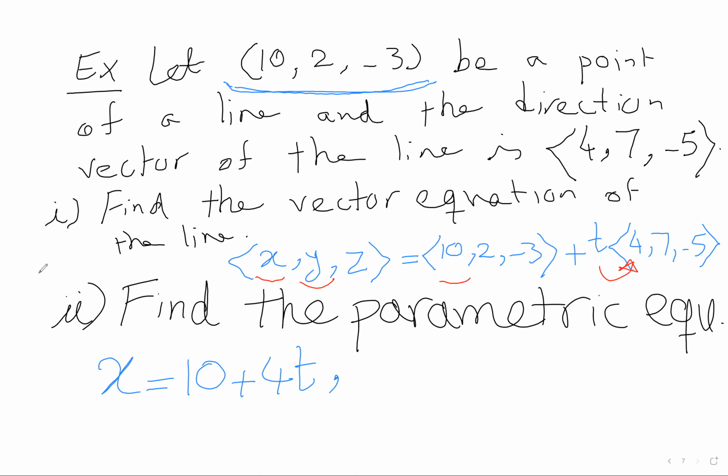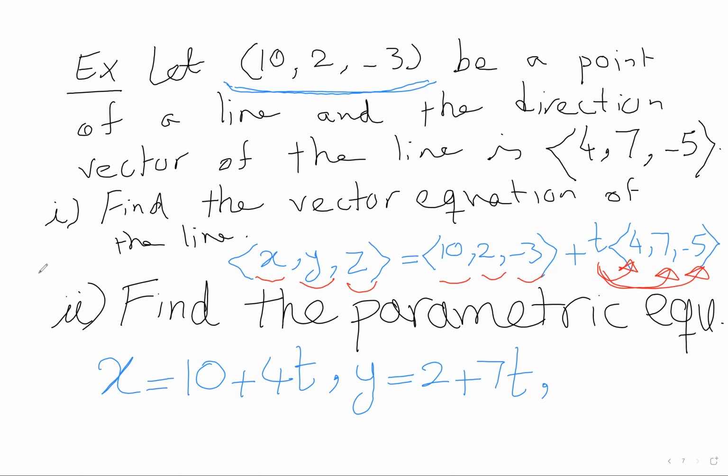Y is 2 plus t times 7, so y is 2 plus 7t. And finally, z is the third coordinate, minus 3 plus t times negative 5.